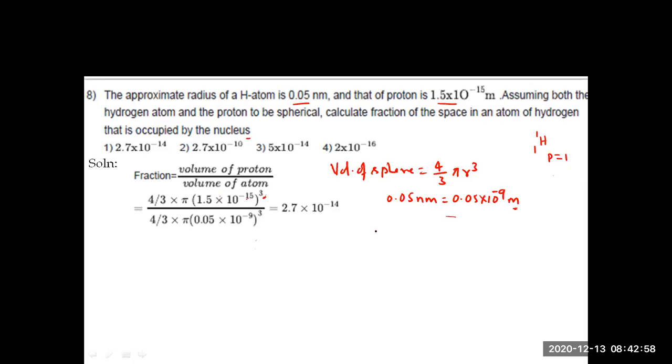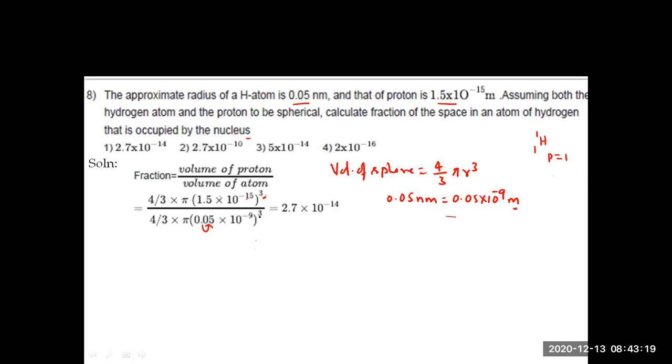Now, this power has to be simplified first. You shift the decimal by one place to the right hand side. When you shift the decimal to the right hand side, 10 raised to minus 9 becomes minus 10. So it becomes 0.5 into 10 raised to minus 10 whole cube.